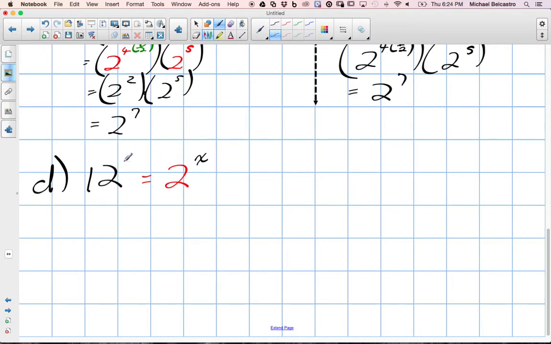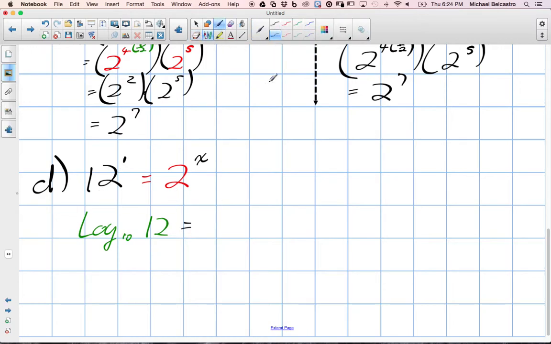So now we have 12 to, technically, the power of 1 is equal to 2 to the power of x. So we're going to use, we learned in the last chapter, log base 10. So I'm going to find log base 10 of 12, and we know the power comes down times 1. There's really no need for that, right? We know that's not going to change anything.